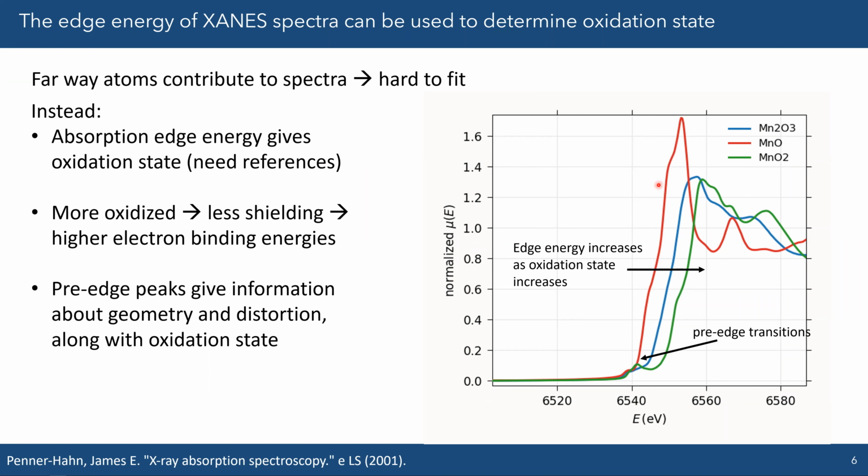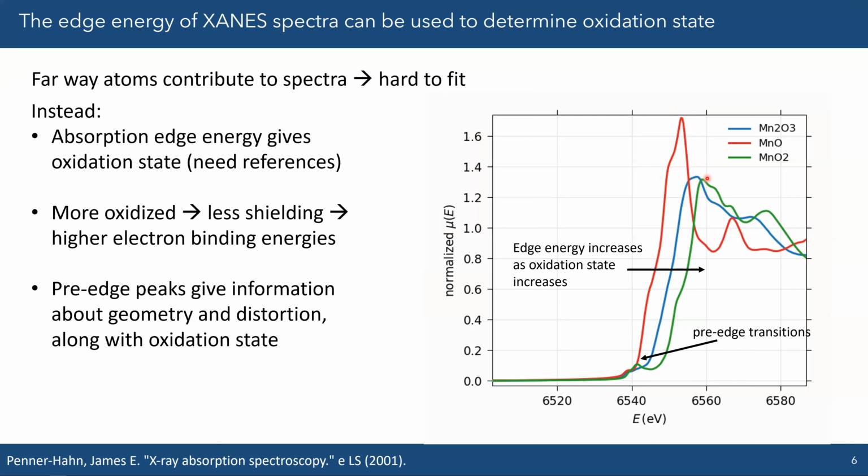There are different ways to determine this energy. The most common way is to take the peak in the first derivative. So it might be here in this case, I'm not quite sure. Or other times people can just take the first big peak. So it would be here for this red peak, here for this blue peak, and here for this green peak.